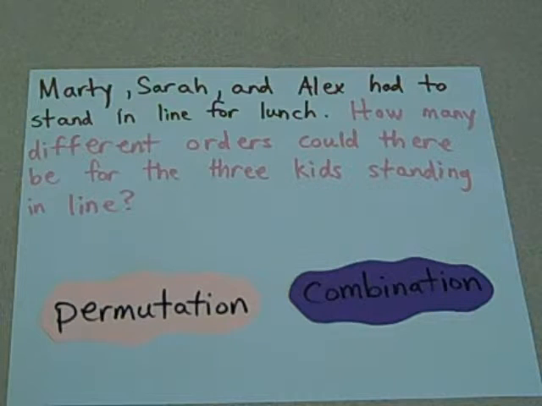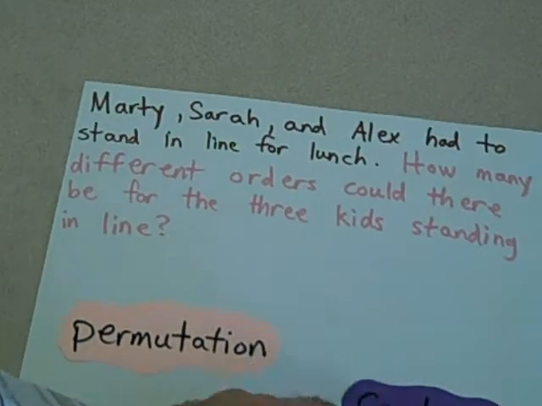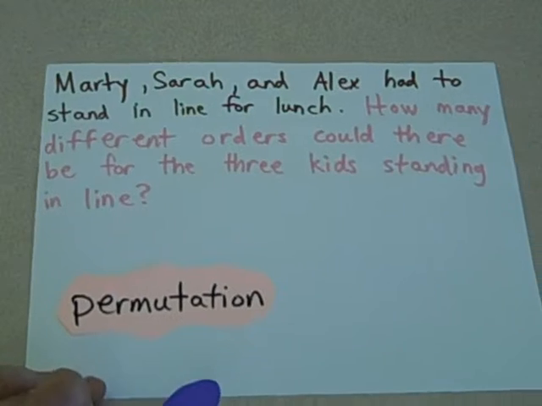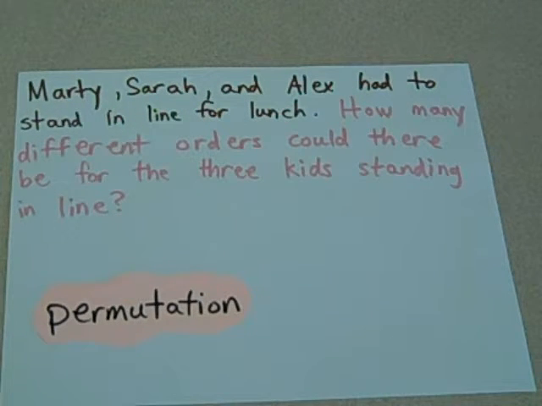Is this a permutation, or order matters, or a combination, or order does not matter? What do you think? If you said permutation, that would be correct, because the order would be important here. Go ahead and show your work, and good luck.